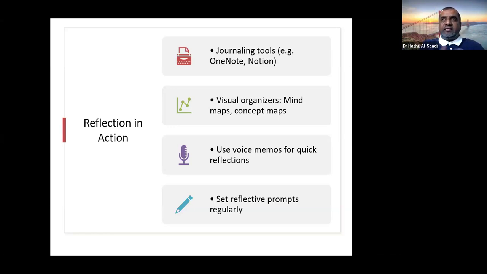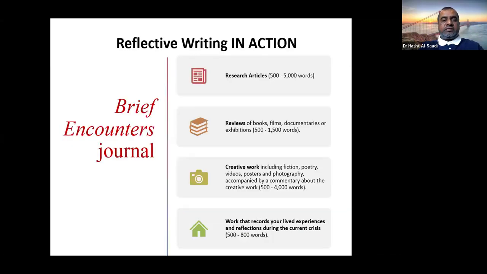The world we live in is very fast, and things keep changing rapidly, too fast for us to grasp and cope with. So sometimes you need to write down, or if you don't have that much time, you can use voice memos. Self-reflective prompts used regularly are also important. You can set prompts for reflective writing, which will help you again in your reflections.